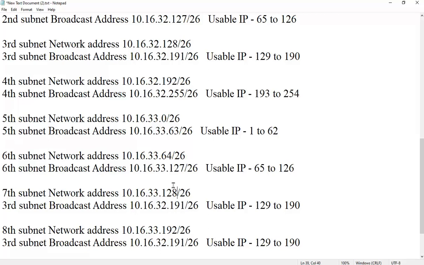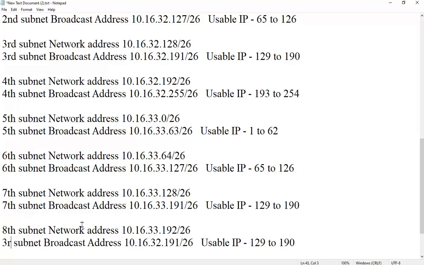For the seventh subnet, the broadcast will be 33.191, so the usable addresses will be from 129 to 190. The third octet is 33, just remember it.